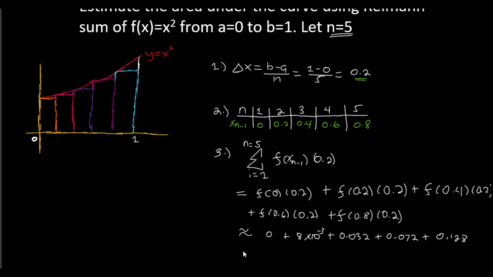Okay, so i-add natin lahat yan. 8 times 10 to the negative 3, 0.032 plus 0.072 plus 0.128 equals approximately 0.24. So ito yung sagot natin.